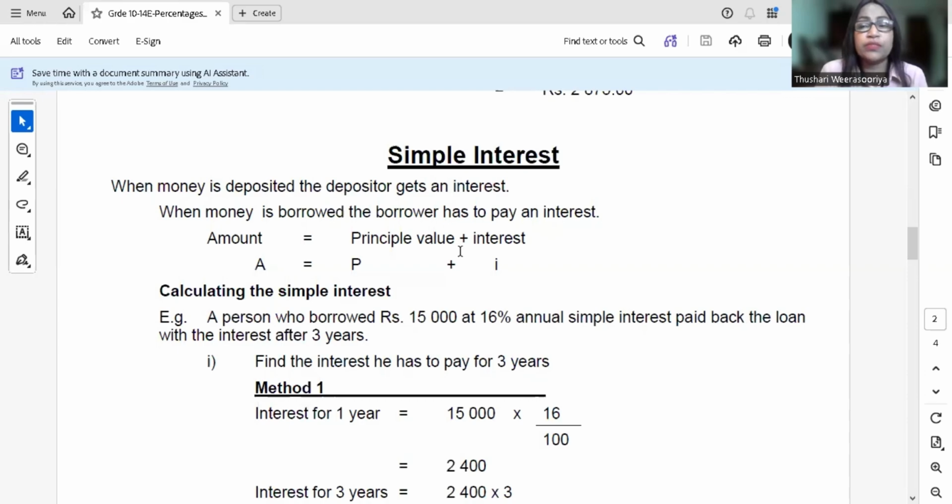You have to pay 5,000 plus the interest, that is 500. When it comes to interest, there are 2 types: simple interest and compound interest. Simple interest is in the grade 10 syllabus. Compound interest is in the grade 11 syllabus. So, since you are in grade 10, we'll learn simple interest today.